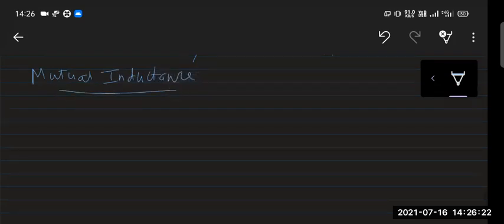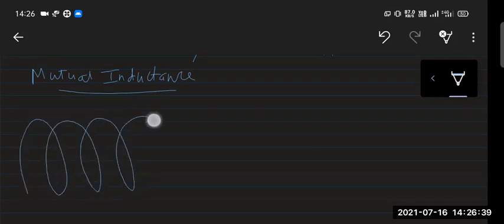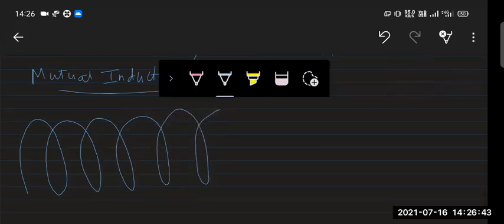Mutual means we have already defined it is because of body one and body two. Right. So let's take one coil over here. Let's take another coil inside this.